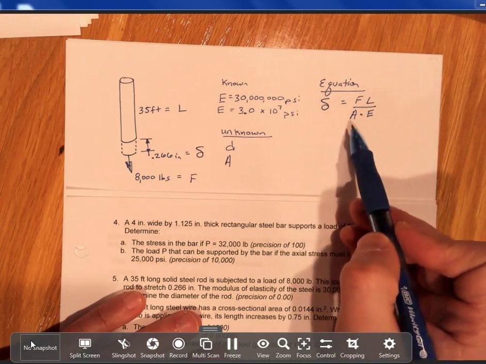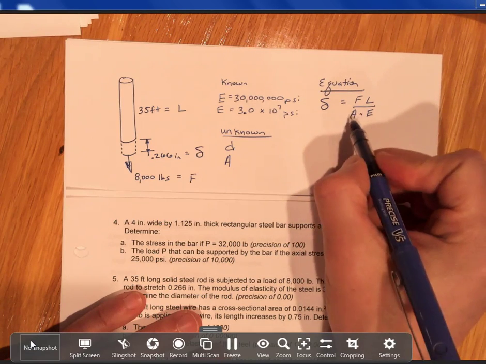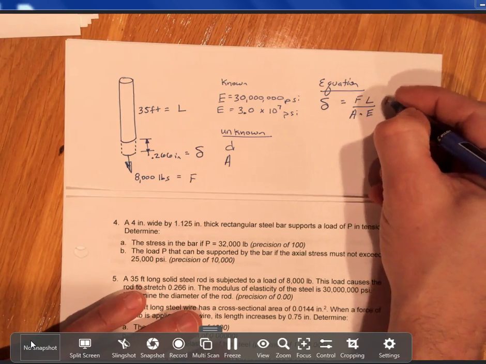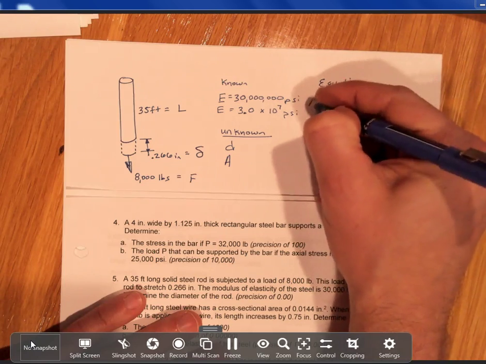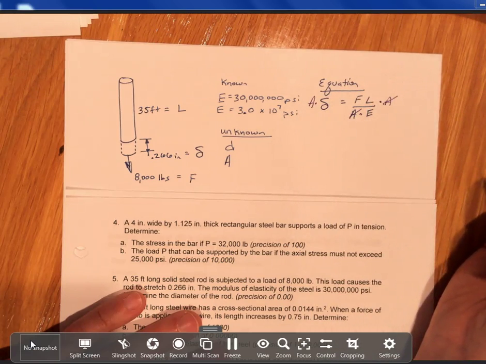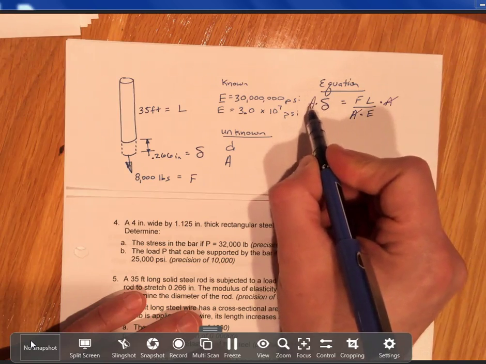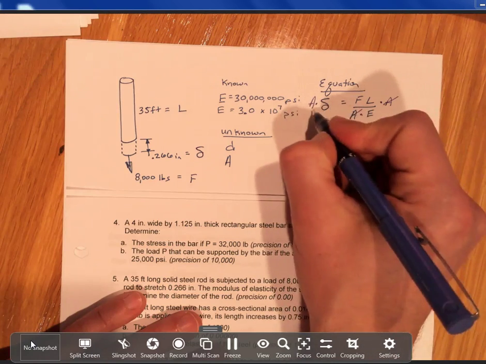So before I even plug things in, why don't we just rearrange this a little bit? If I want to solve for A, I don't want A in the denominator. So how about I multiply both sides of the equation by A, just to cancel it from the denominator. But then A is not alone over here. It's out of the denominator, but now I have this delta with it.